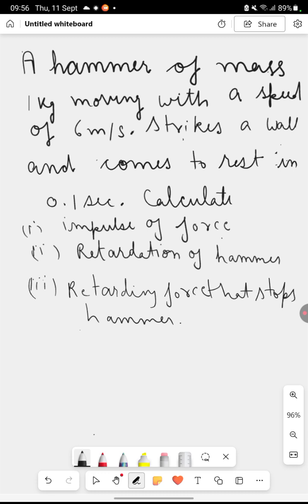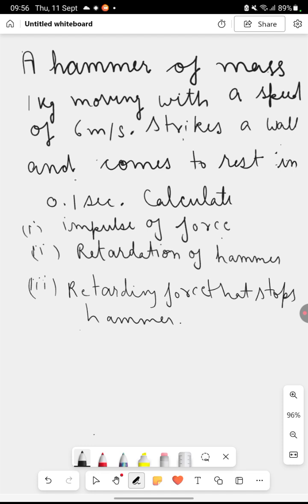The question is saying mass is given, initial speed is given, and finally the hammer will stop, so its final velocity will be 0 and time is given as 0.1 second.